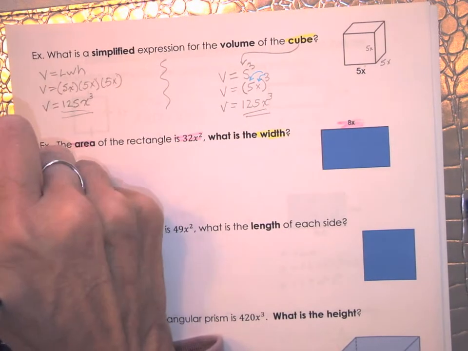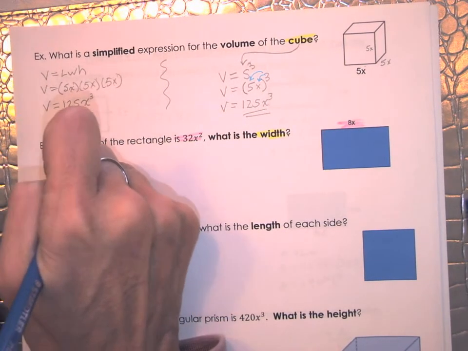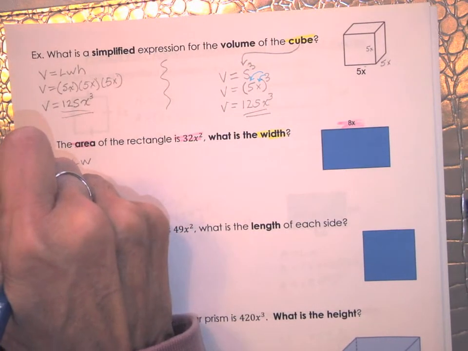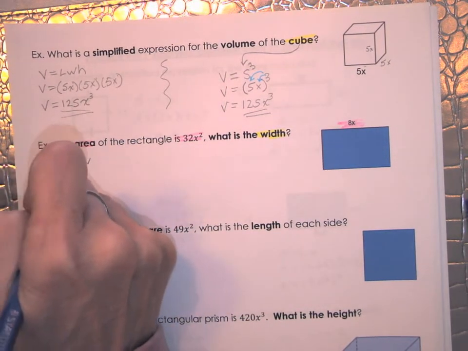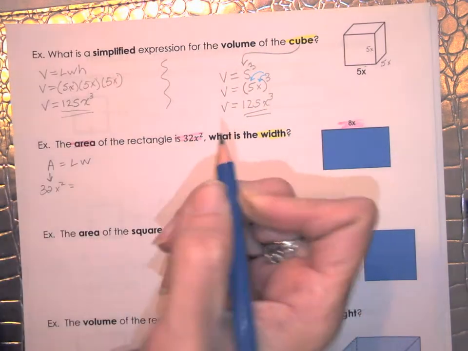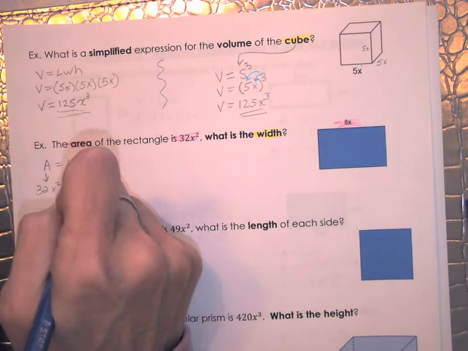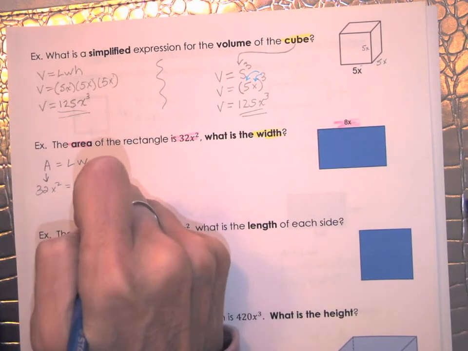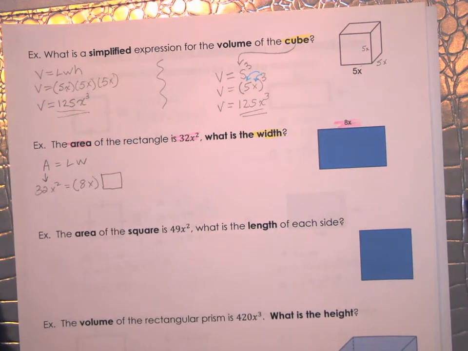So I'm going to start off doing area equals length times width. So I know the area is 32x squared. I know the length is 8x, and I'm going to represent the width as some unknown box. I don't know what it has to be.